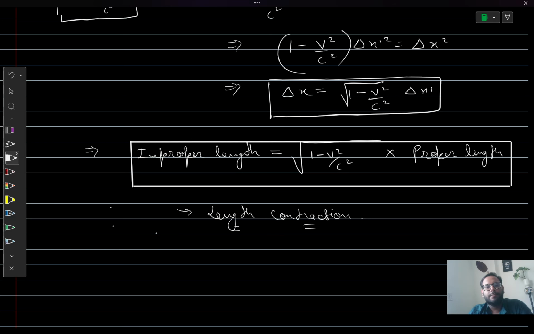So we have actually derived the formulas rigorously. Let me write what we have assumed in this.